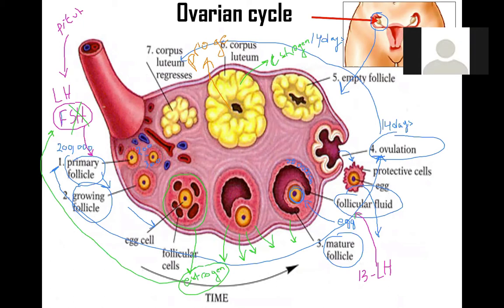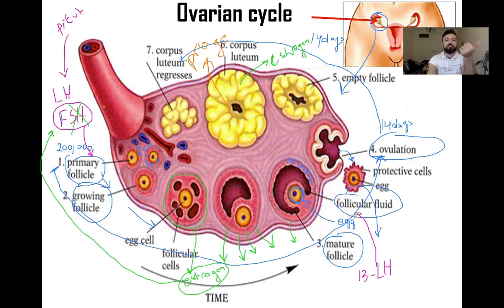If the corpus luteum degenerates, what happens to the levels of estrogen and progesterone? They will start decreasing, meaning that no more estrogen and progesterone will be secreted. As a result of the decrease in estrogen and progesterone secretion, the pituitary gland will notice that and start releasing again what?